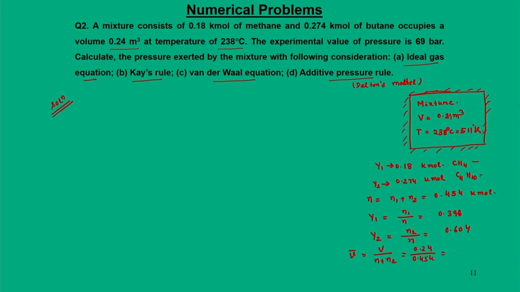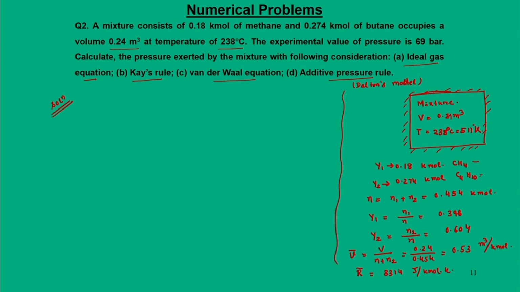So, this number is 0.53 meter cube per kilomole. And we also know R bar is equal to 8314 joule per kilomole Kelvin.